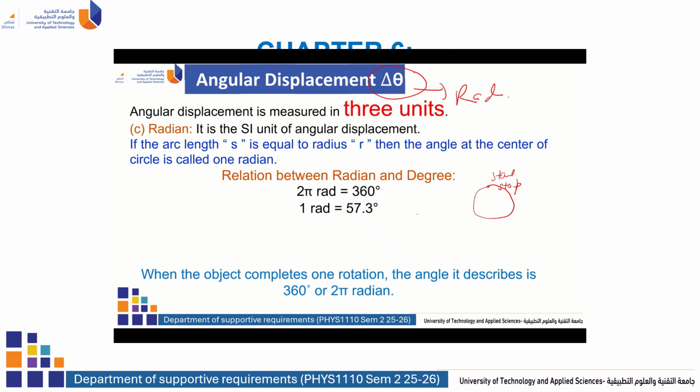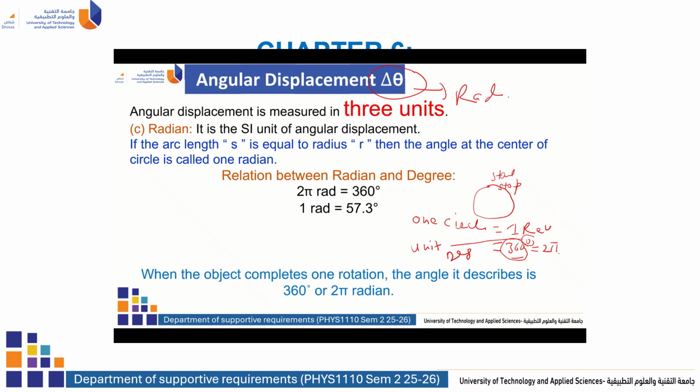So this one circle, or one revolution, is the same as 360 degrees in degree. And this is also the same as the angle 2 pi. If I write 360, the unit of this number is degree.